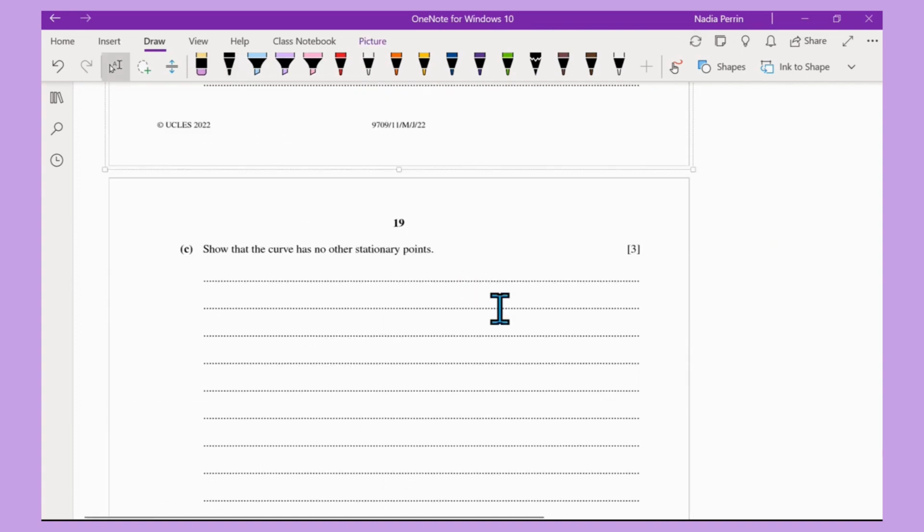Right, show that the curve has no other stationary points. So we know that stationary points occur when the derivative equals 0. So we're going to take the derivative, which was 2x cubed plus 2x to the -2, and we're going to set it equal to 0, and we're going to solve. So for me, solving, it makes more sense to put that on the bottom. So I'm going to times everything by x squared.